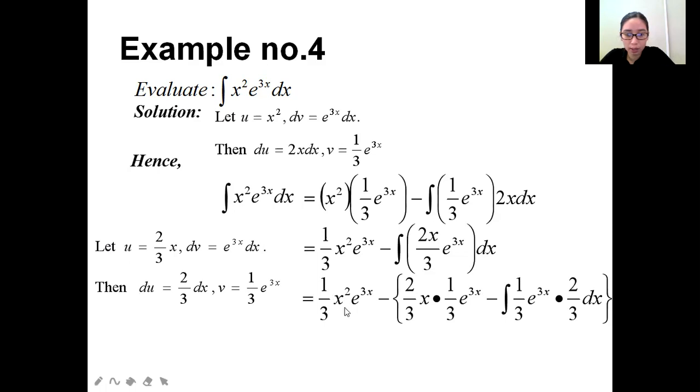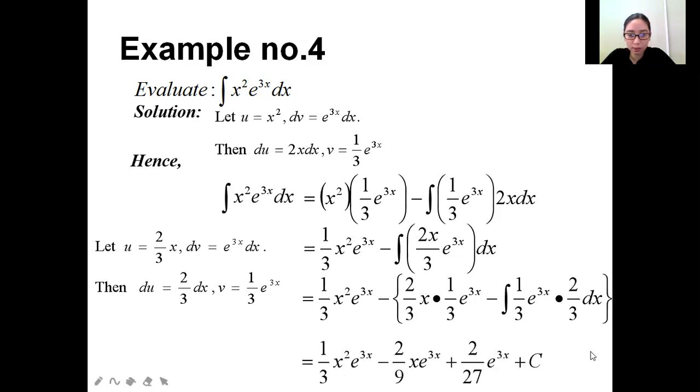So, we have 1/3 x squared times e to the power of 3x minus u times v. This is the second IBP, don't forget. So, u, which is 2/3 x, times v, which is 1/3 e to the power of 3x, minus the integral of v times du, which is 2/3 dx.